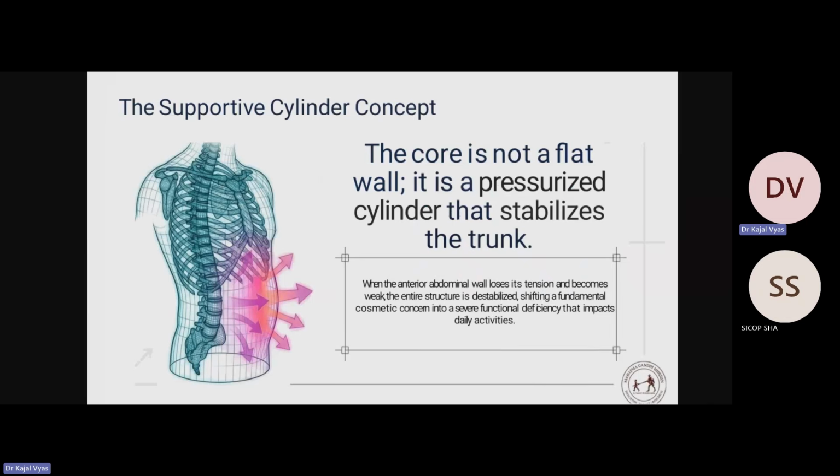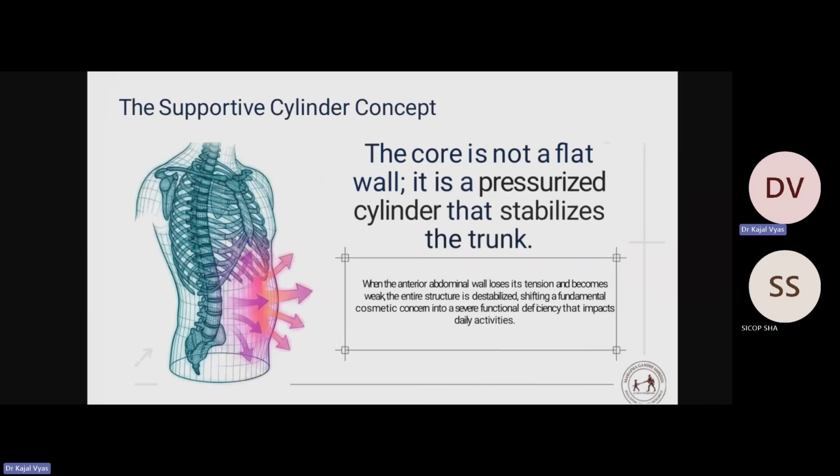If the abdominal wall becomes weak, it is going to have an impact on the lumbar region as well as on the pelvic floor. So deficiency of this can lead to many activity limitations, back pain, and pelvic floor dysfunctions, which we'll see in the further slides.